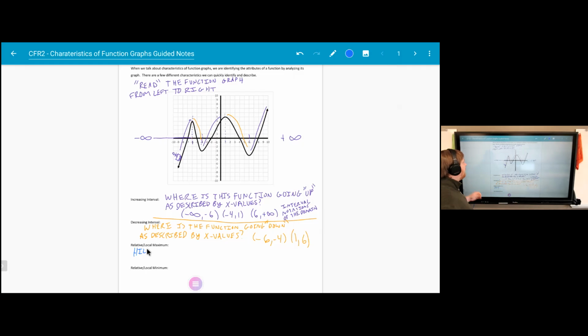And notice how I'm saying relative or local. I'm not saying the maximum, I'm not saying follow this arrow to positive infinity. I'm saying, where are my hills? In other words, where the function changes from increasing to decreasing. From increasing to decreasing is a hill. Let me make this bigger so I can write it out.